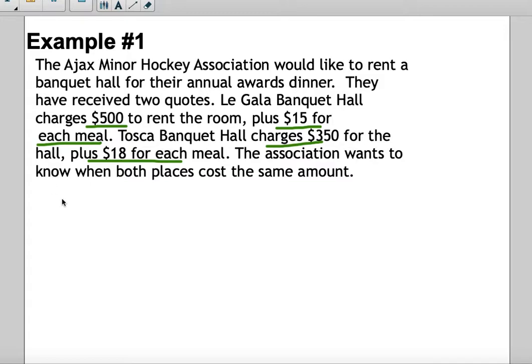So we're going to start by writing our two equations. So we've got La Gala Banquet Hall.